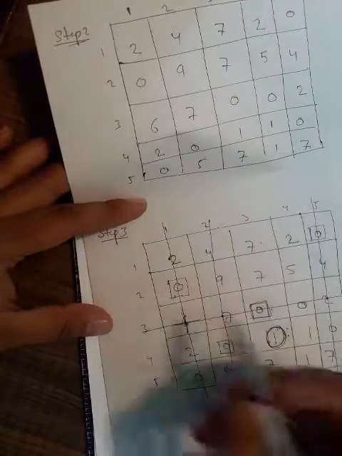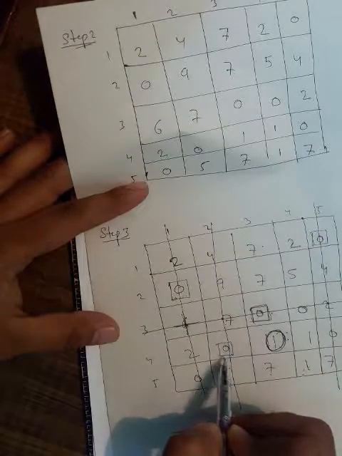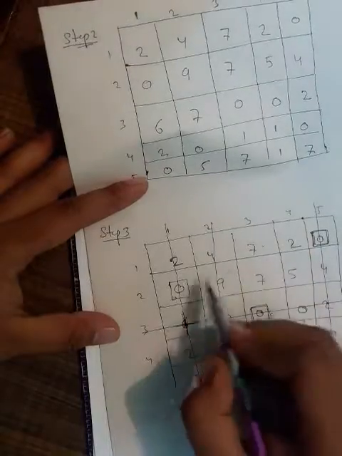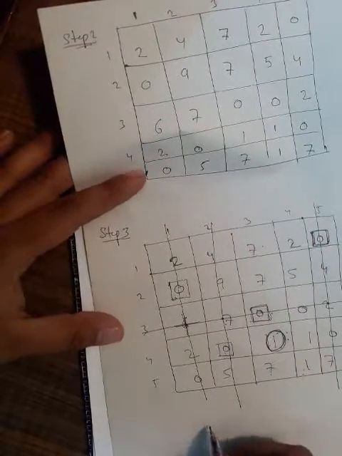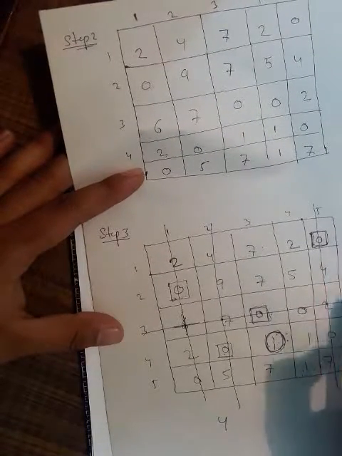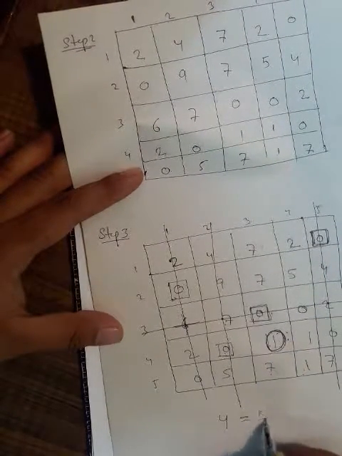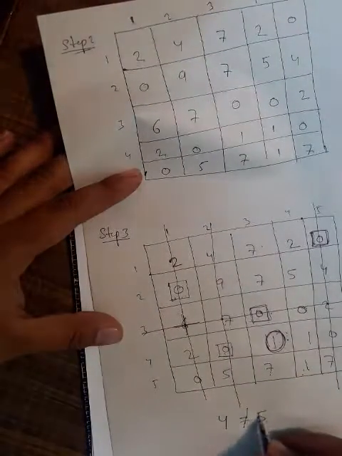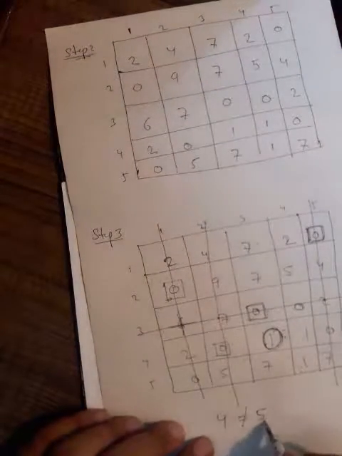Also see here the allocated values. The allocated values is 4, but the number of rows and the number of columns is 5. Okay, since the allocated values is not equal to the number of rows or number of columns, in this case the optimization hasn't been reached.